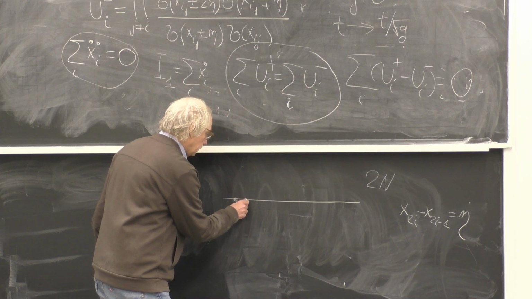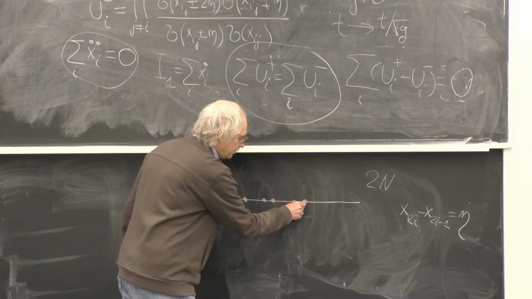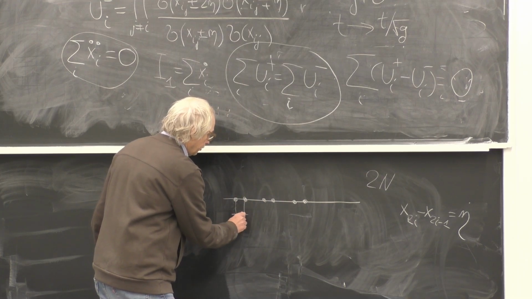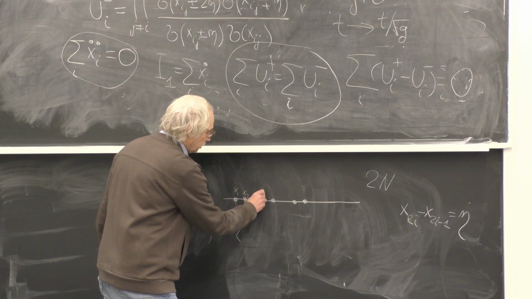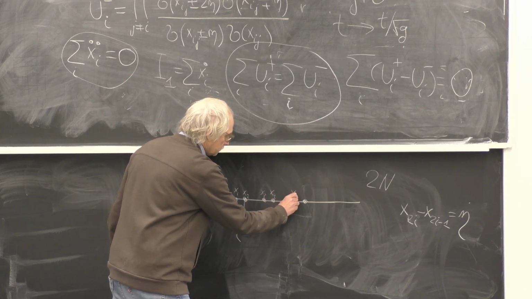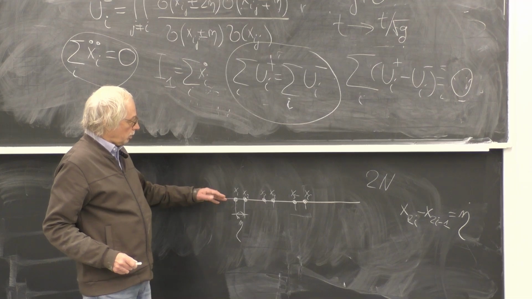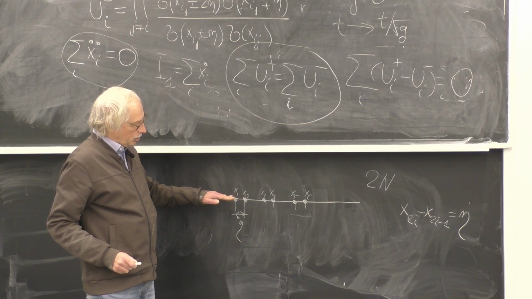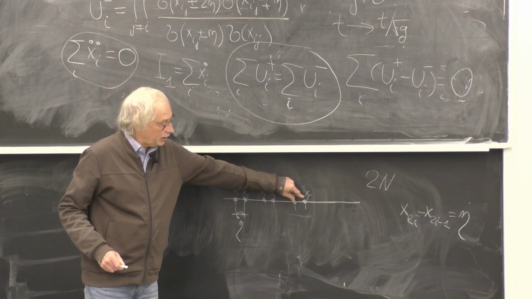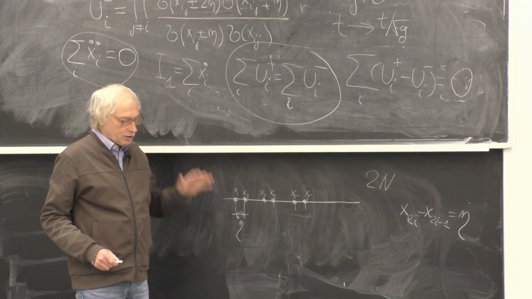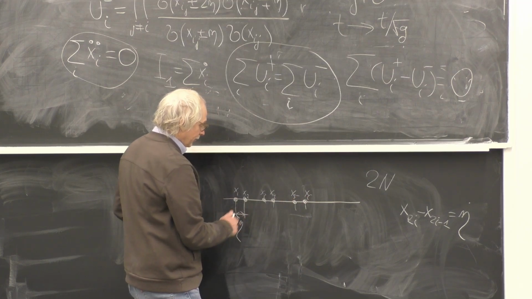So they are in pairs, and the distance between them is eta. This is x1, x2. And suppose that these pairs move as a whole. So the distance between particles in each pair remains the same, equal to eta. So they move as whole things.